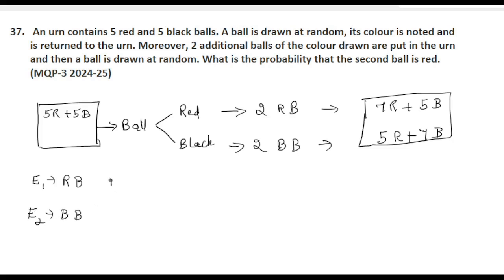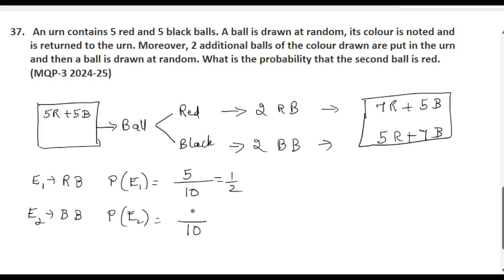Now the probability that a red ball is drawn equal to, total number of balls are 5 plus 5, that is 10, and the number of red balls are 5. So 5 by 10, which is equal to half. Now the probability that a black ball is drawn, that is P of E2 equal to, again total number of balls are 10 and number of black balls are 5.